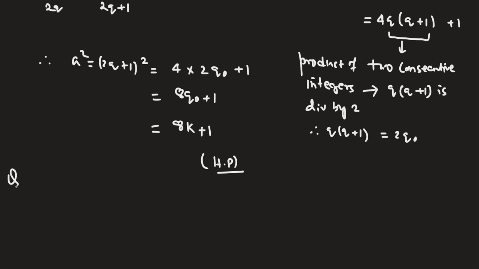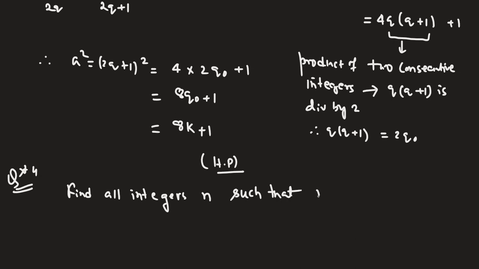Question number 4 is also important. Find all integers n such that n square plus 1 is divisible by n plus 1.